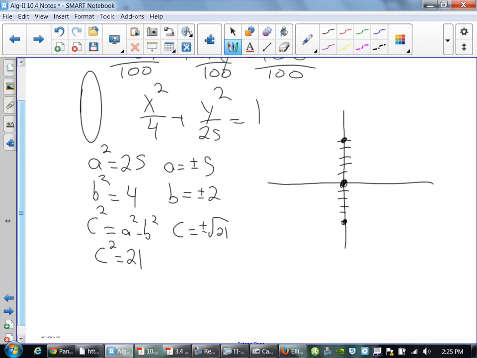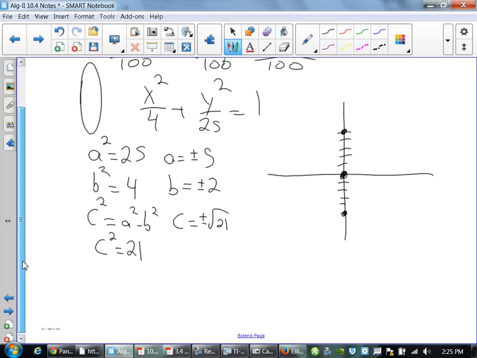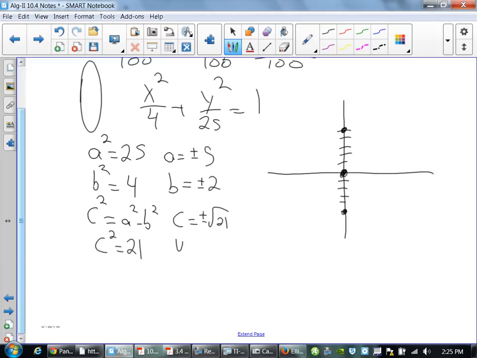So I know I have vertices right away at 0, 5 and 0, -5. Co-vertices are going to go left and right, 2.